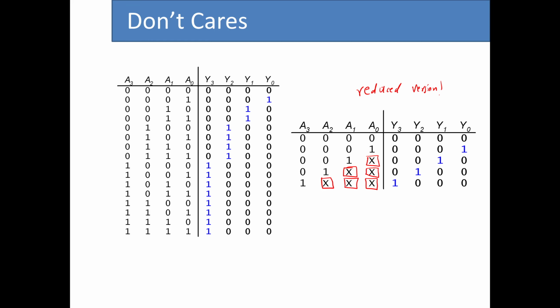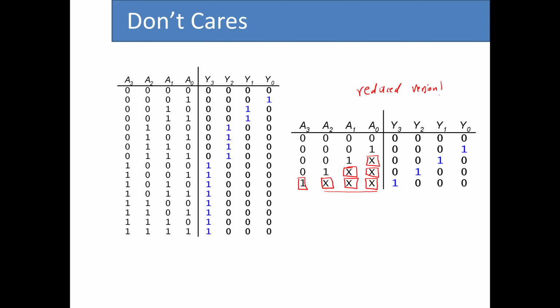That is true for the outputs too. You will see later on too that for some of the functions that we want to have, we don't care about some of the combinations that result in some of the outputs. And that can help us to simplify the functions even more. But for this specific priority circuit, whenever A3 was 1, the value for A2, A1, and A0 didn't matter, right?